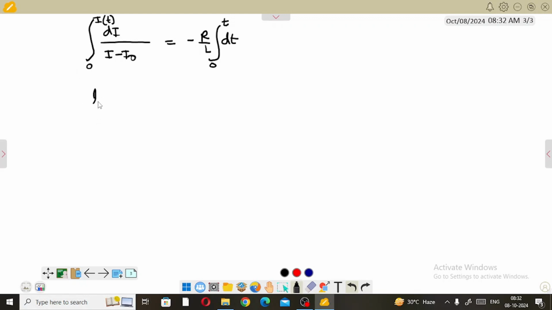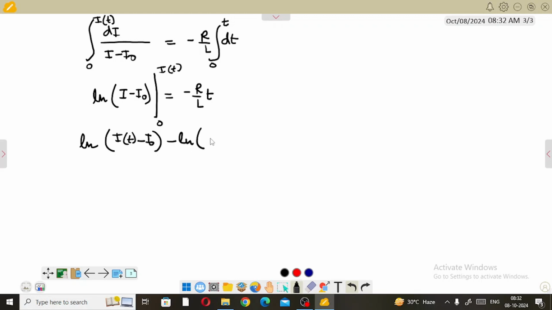And if I do this integration, what I get is ln of I minus I0, which is equal to minus R by L t. And the limits are 0 till I(t), and here is 0 to t, so it will be minus R by L t. So if I plug in the values, first I will plug in the value of I(t) here, so I got ln of I(t) minus I0 minus ln of minus I0 equal to minus R by L t.